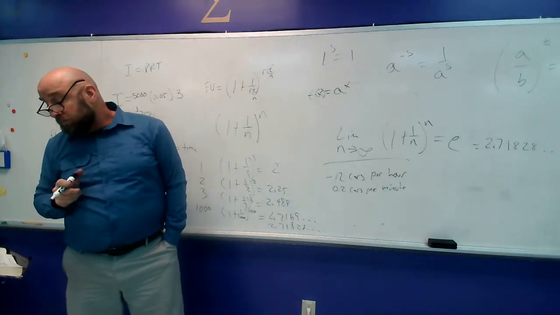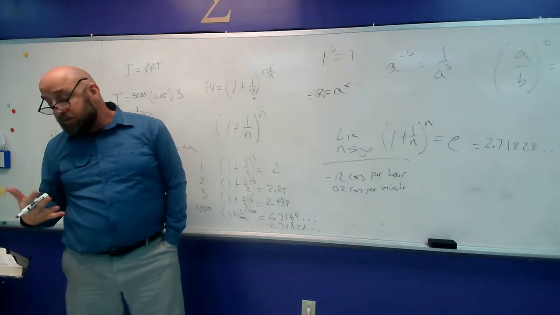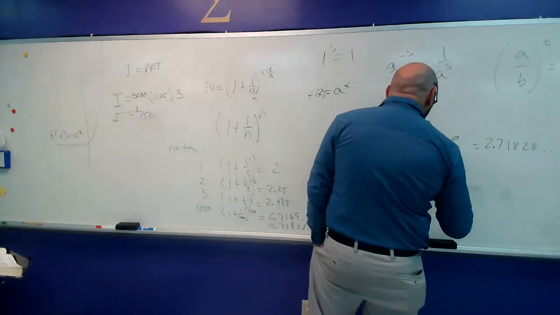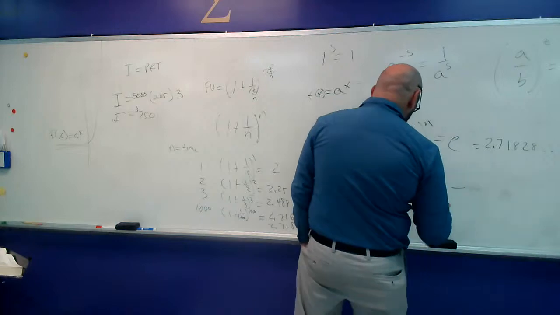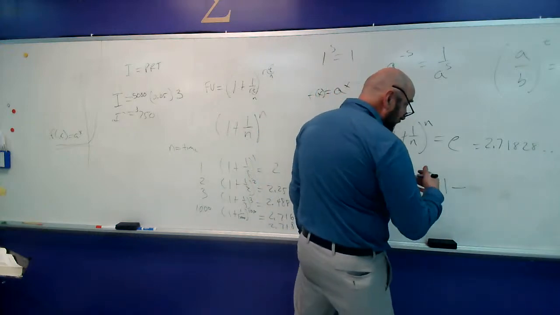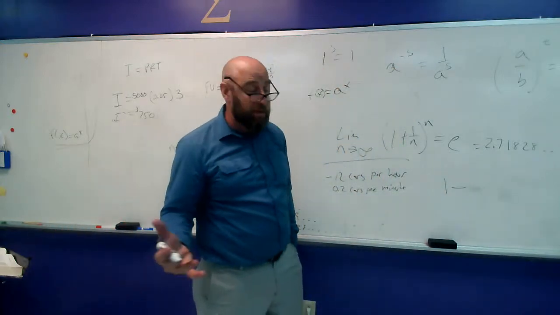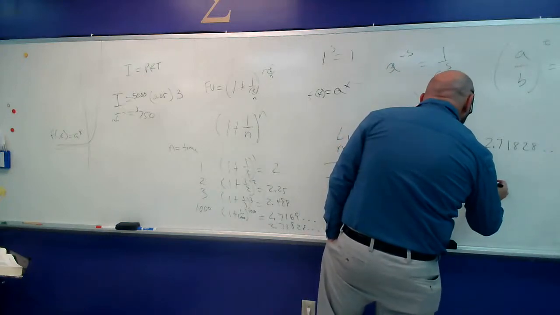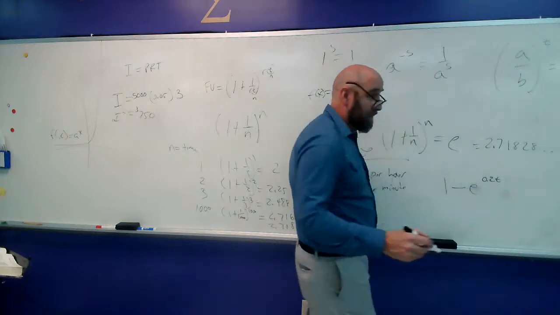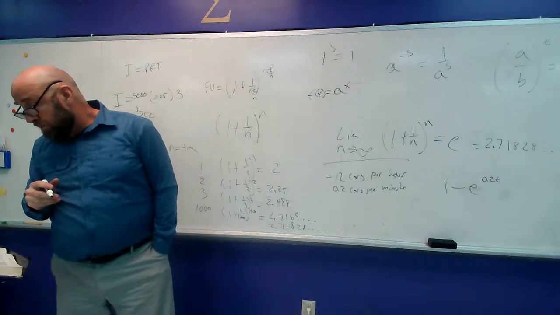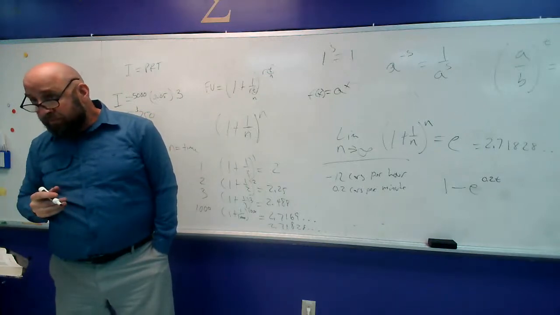So statistics tells us that the probability that a car will show up in relationship to a particular time, like 9 p.m., is 1 minus e to the negative 0.2 t, and t being elapsed time.